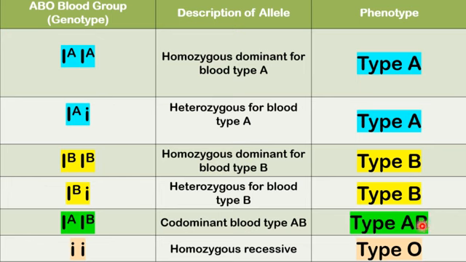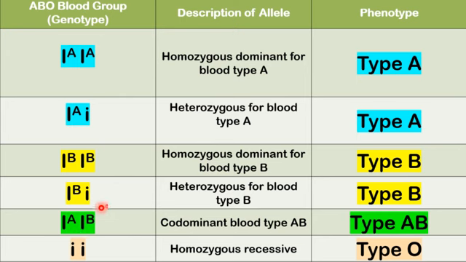The third type is the AB, which are said to be codominant with each other. If you still remember the meaning of codominance, it is the mode of inheritance wherein the resulting alleles are both expressed in the offspring, just like type AB.